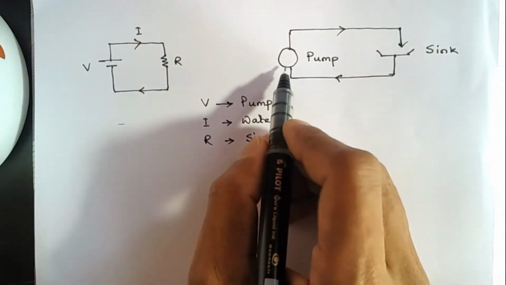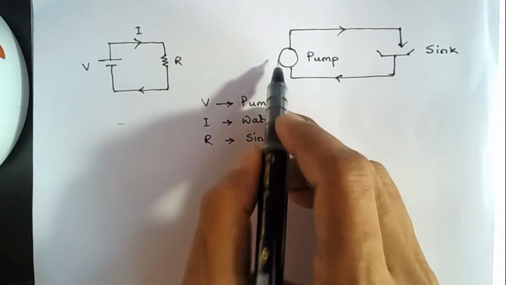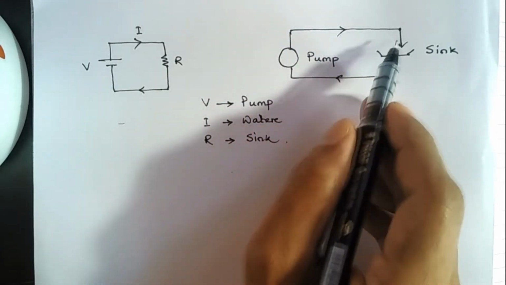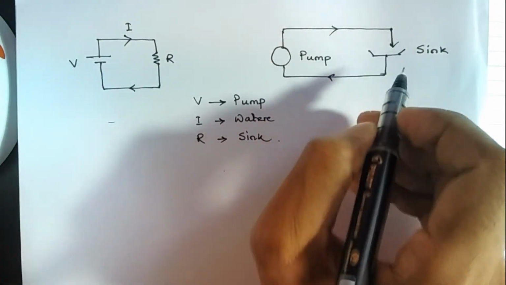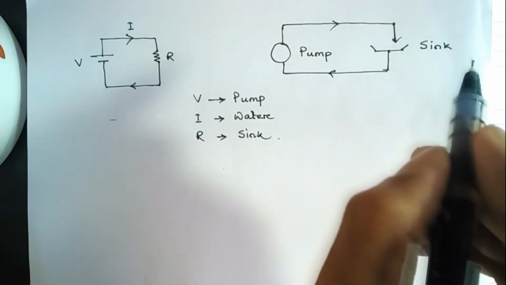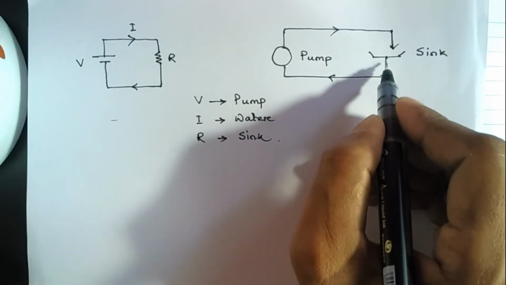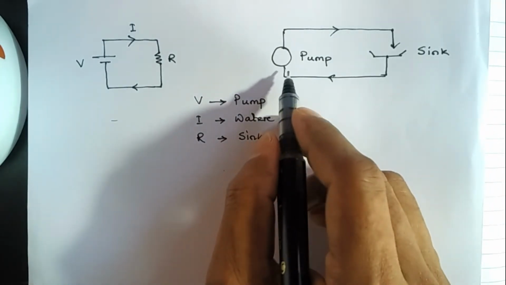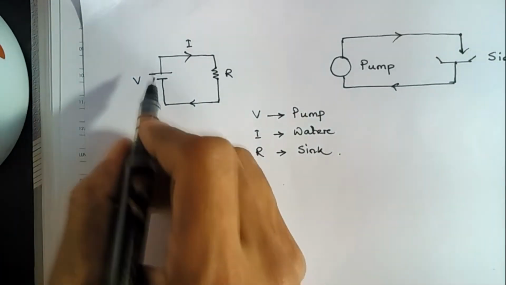The pump makes a force on the water to flow through this way, and the water flows through this way. The sink consumes the water and the water comes back through this way again to the pump. The same thing happens over here.